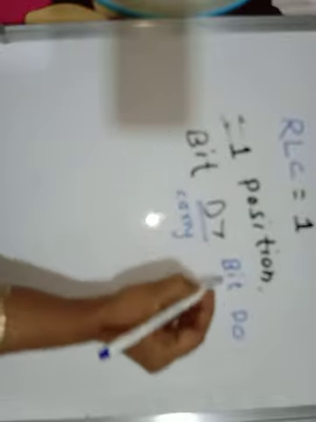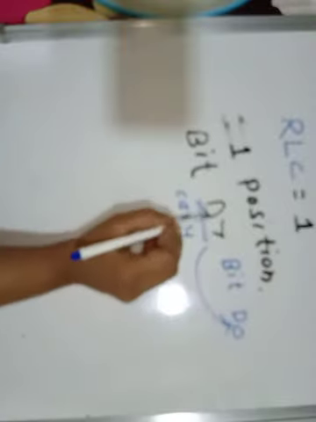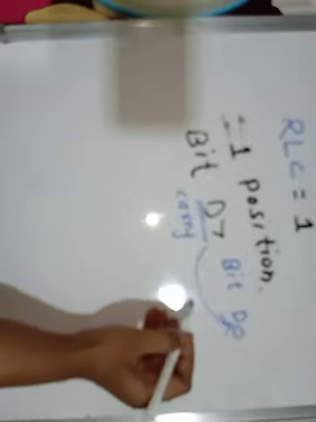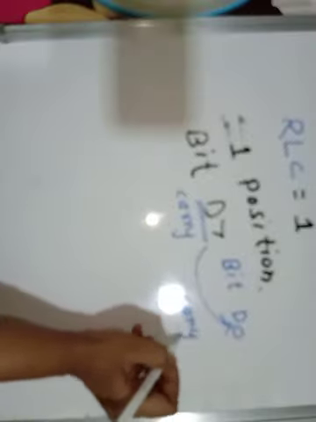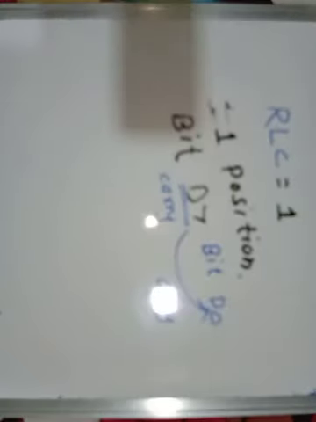D7 बिट जे आहे ते आपल्याला D0च्या प्लेसवर ठेवायचं आहे. परत D7 मध्ये असलेलं बिट इट विल अगेन कम इन टू द कॅरी फ्लॅग ऑल्सो. Okay, so it will come in the carry flag also. We'll see one example of how to shift the bit to the left.